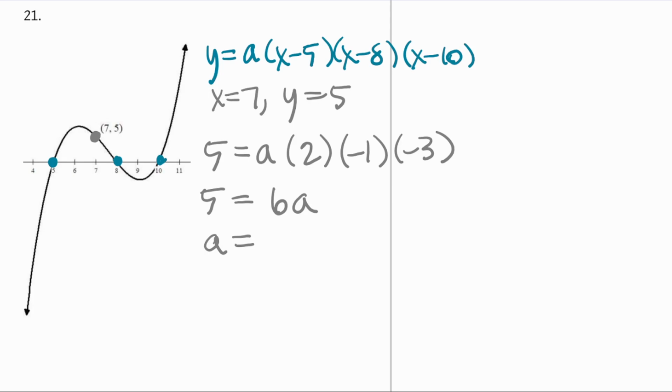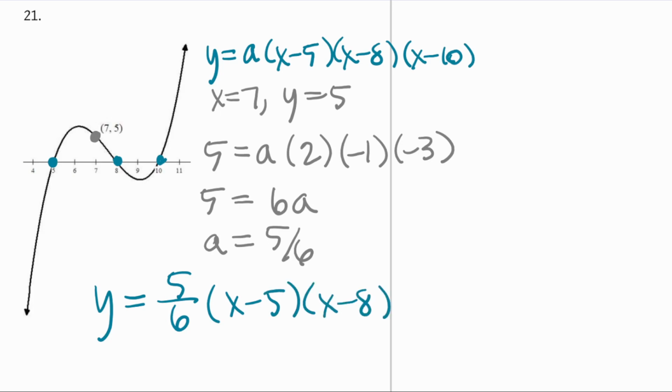No, a is going to be 5 divided by 6. And I'll say y equals 5/6 of x minus 5 times x minus 8 times x minus 10. And that's all for that homework.